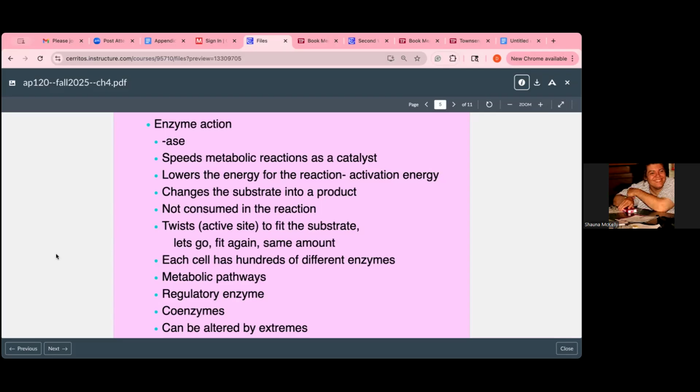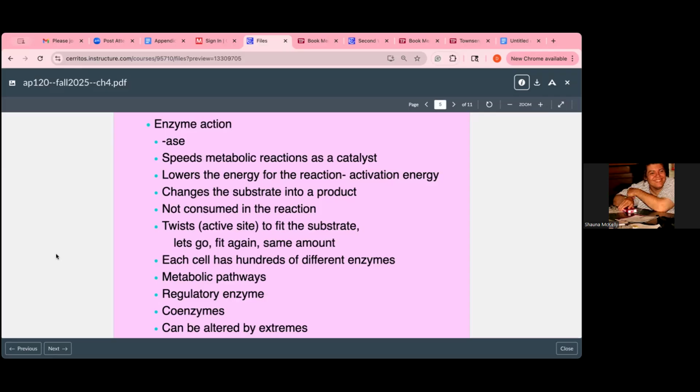The active site of the enzyme twists to fit the substrate. It lets go to fit again. Each cell has hundreds of different enzymes. And the different enzymes go along different regulatory metabolic pathways.